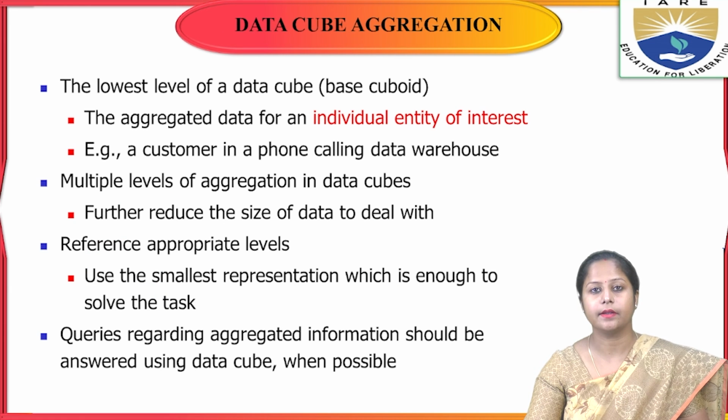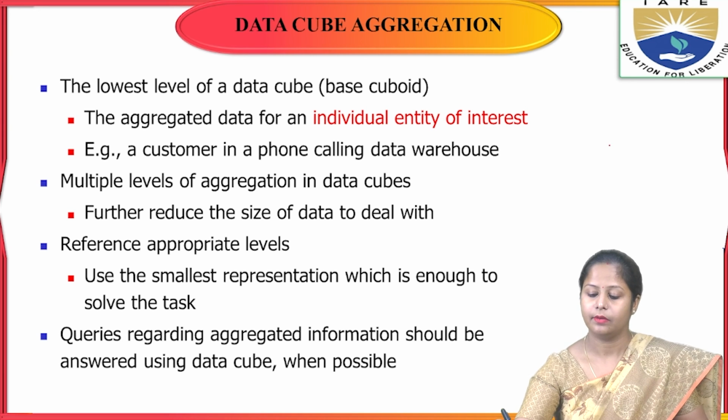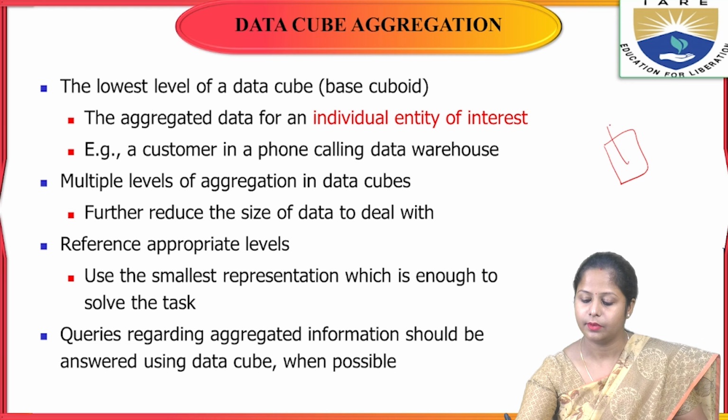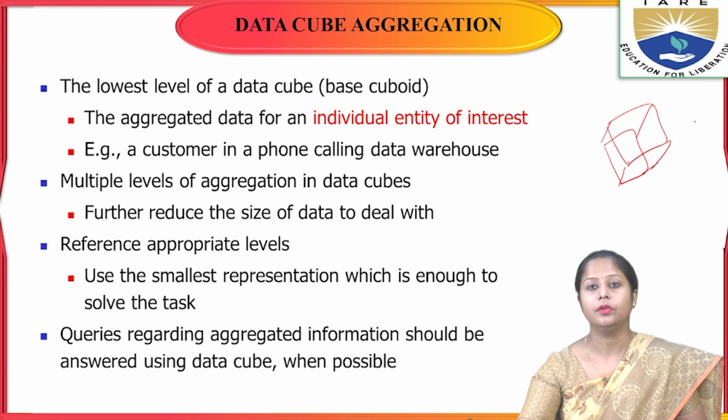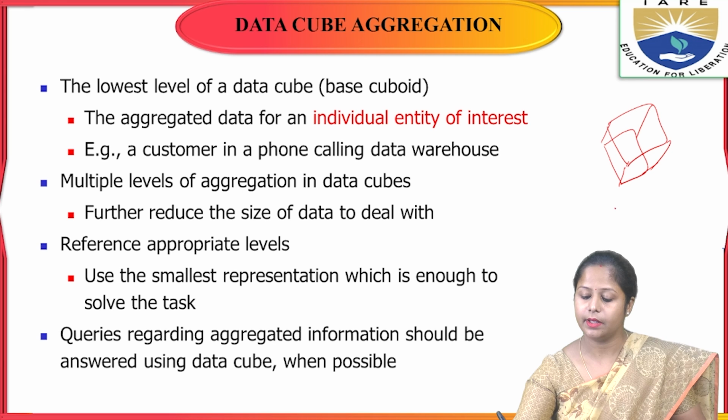Data cube aggregation is another method for data reduction. The lowest level of the data cube is the base cuboid. What is a data cube? In a data warehouse, we are storing a large amount of data.